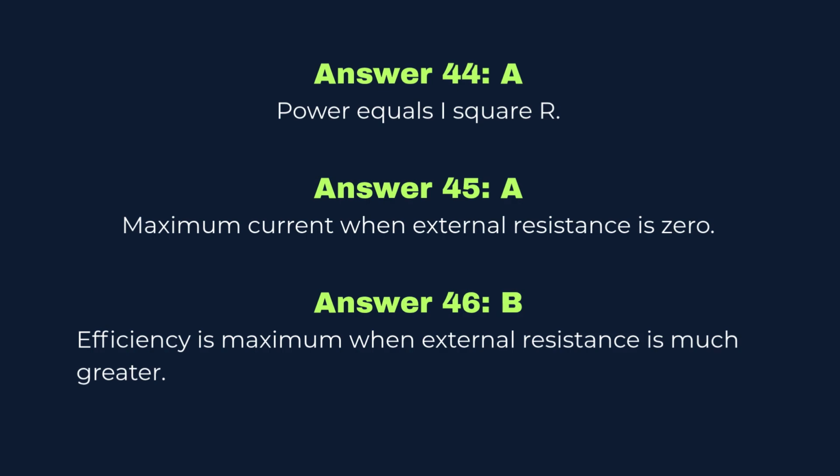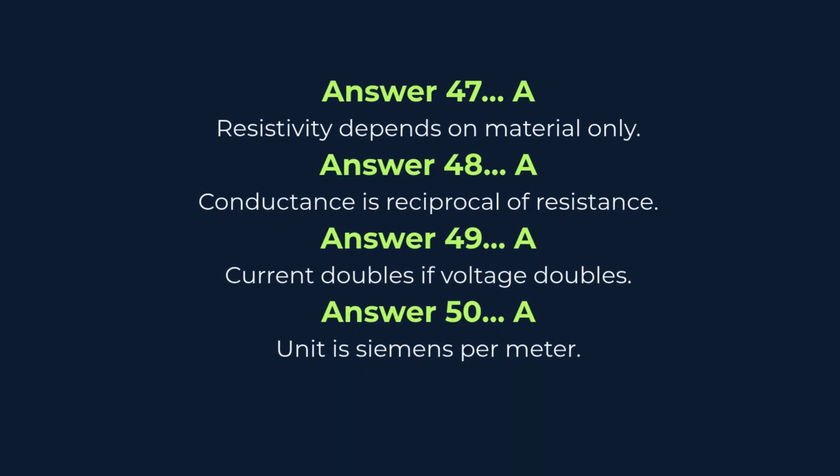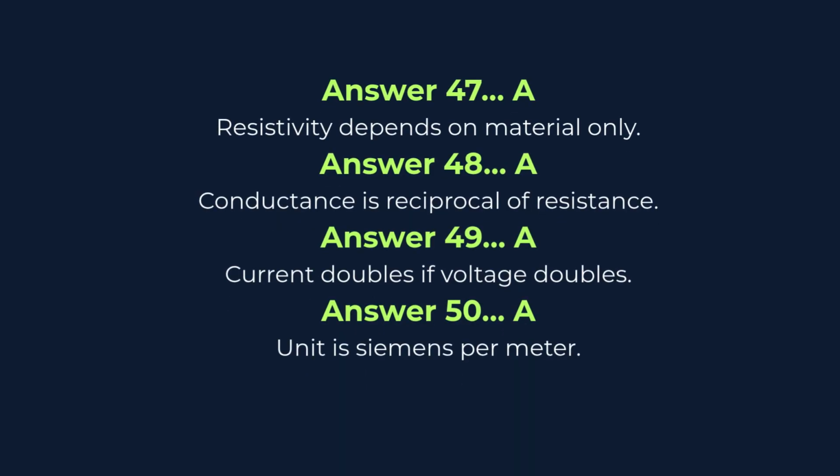Answer 45. A. Maximum current when external resistance is 0. Answer 46. B. Efficiency is maximum when external resistance is much larger. Answer 47. A. Resistivity depends on material only.